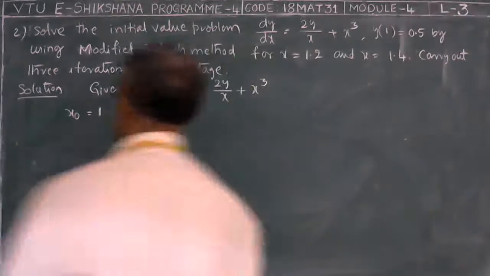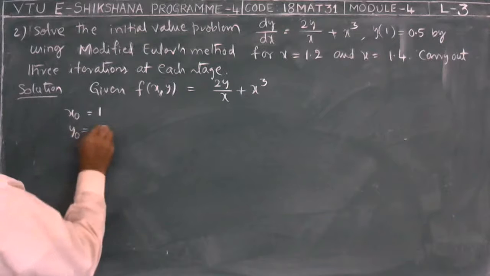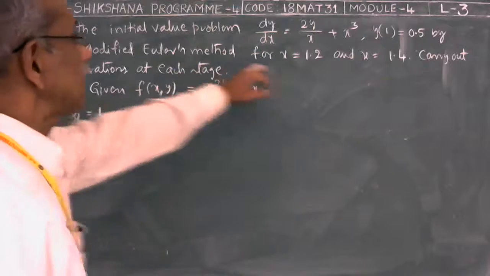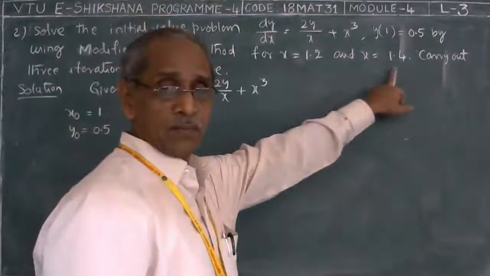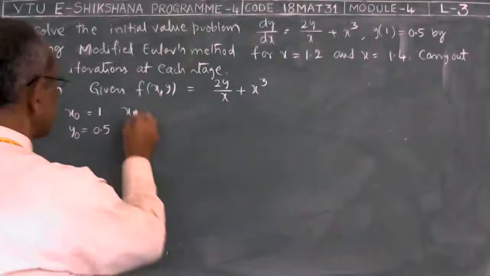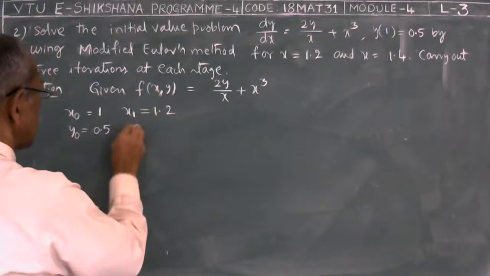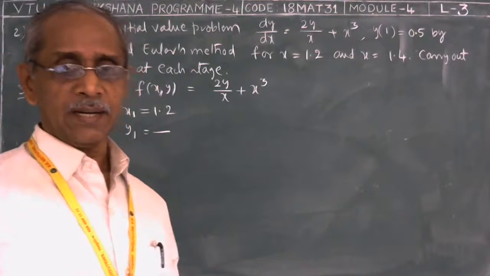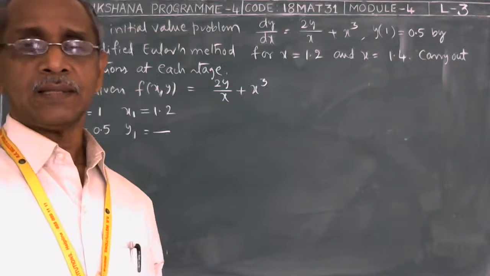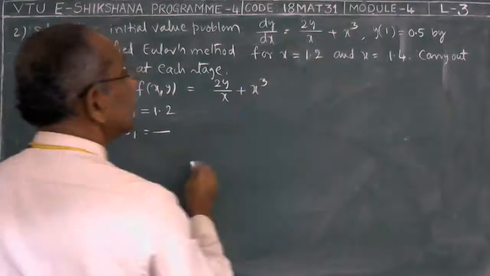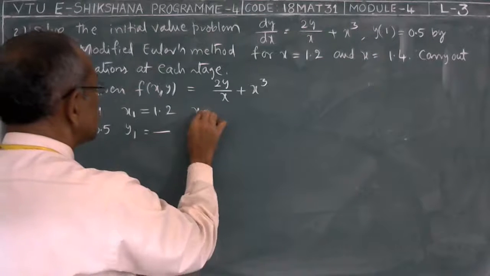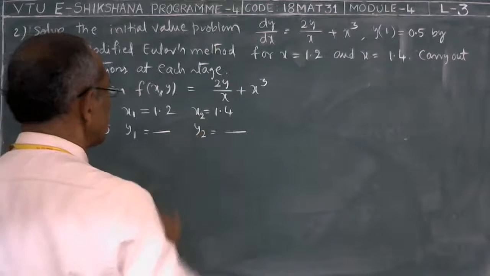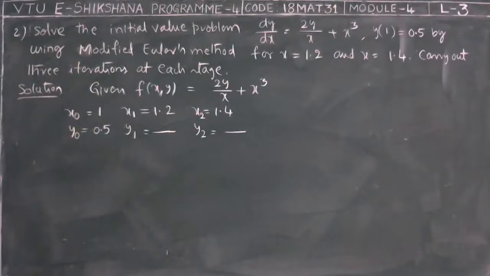So y naught is 0.5. The next higher value of x is 1.2 and then 1.4. So x1 is 1.2, and the corresponding value of y at x is equal to 1.2 needs to be calculated using modified Euler's method. Then x2 is 1.4, and the corresponding value y2 we need to calculate using Euler's modified method.